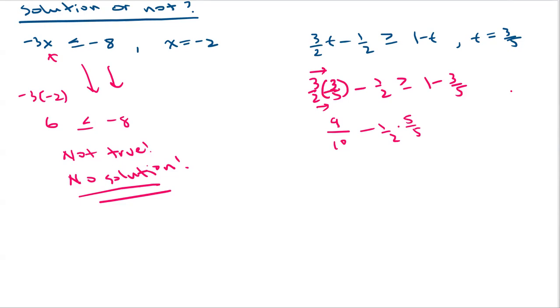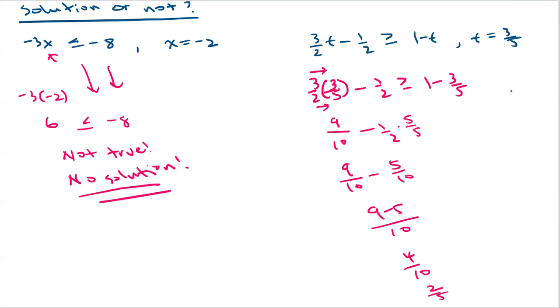Well, again, we can't do that, so we need a common denominator. 10 is our LCD, so I'm going to multiply top and bottom by 5, so I'll have a common denominator. So we get 5 over 10. All right, so 9 minus 5 over 10 is going to give us 4/10, which is equal to 2/5.